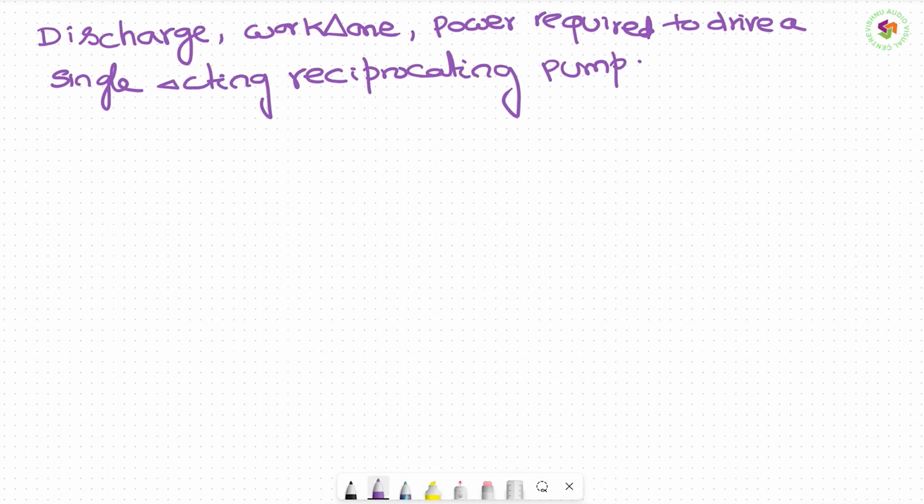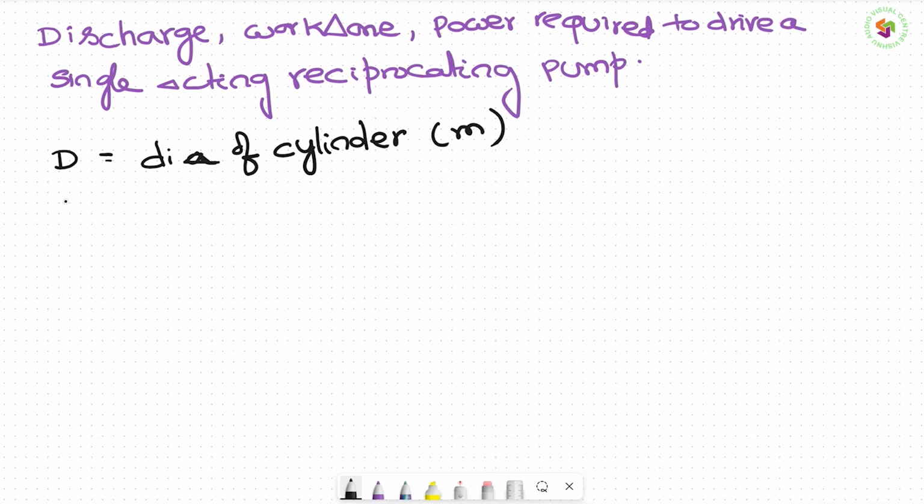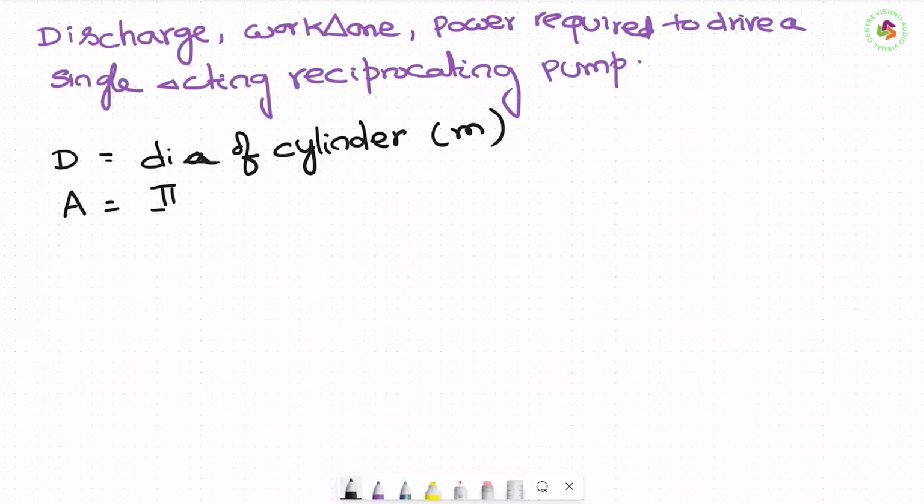Let us see what are the dimensions which are important for us. Let D is equal to diameter of cylinder, because this is one of the important things. Then second is A. Once diameter of cylinder is known, A is pi by 4 into D square.